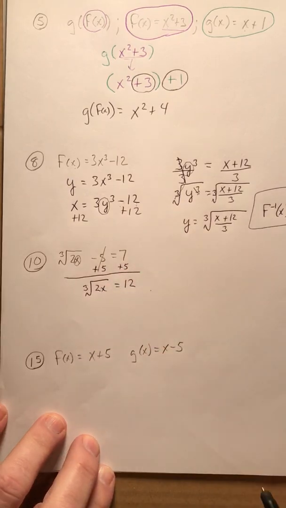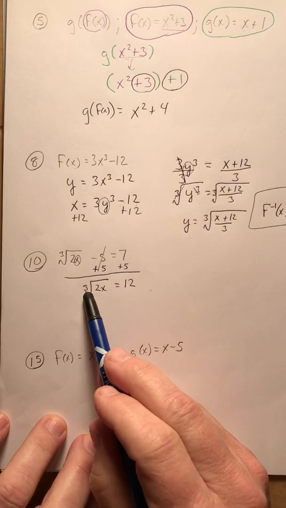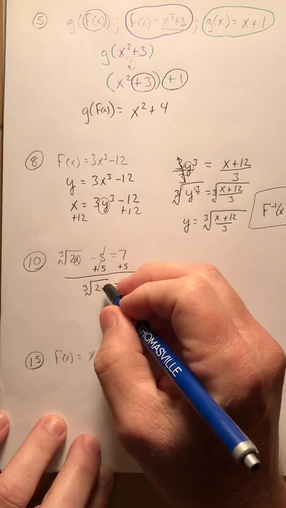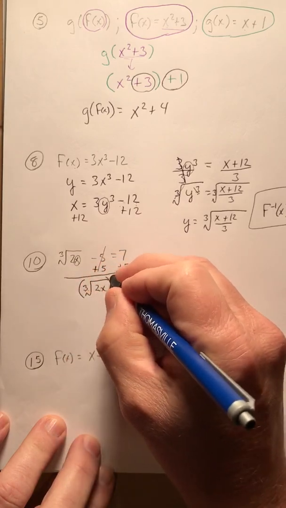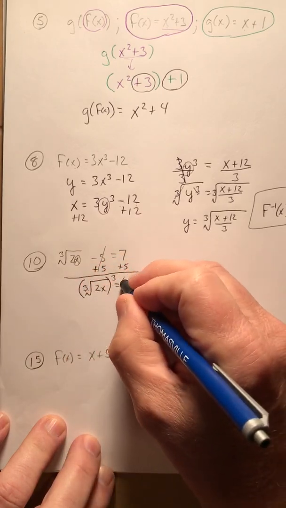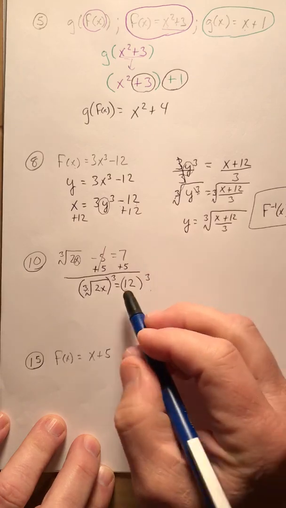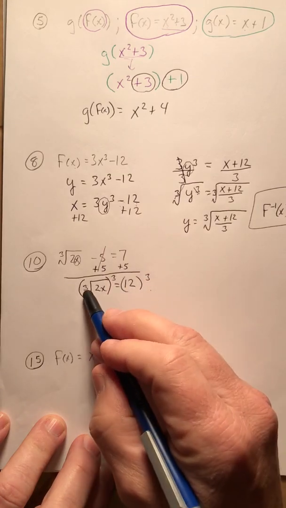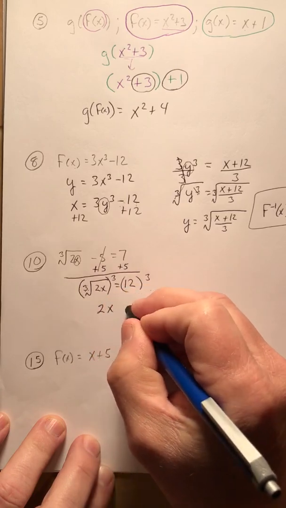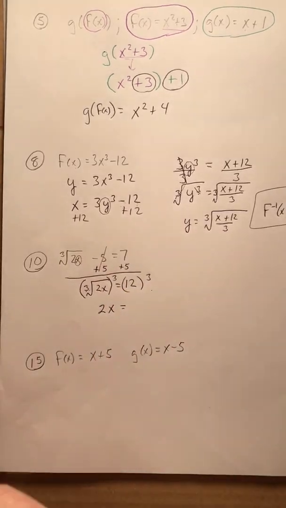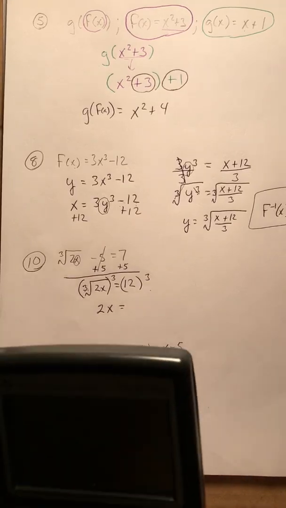All right, now we have to get rid of the cube root, and the opposite of cube root is to cube it. So we cube this side, and again, whatever we do to one side, we have to do the other side. So now this cube undoes the cube root, so they cancel each other out, so it just leaves us with 2x equals, and then 12 cubed, you can throw that in the calculator.